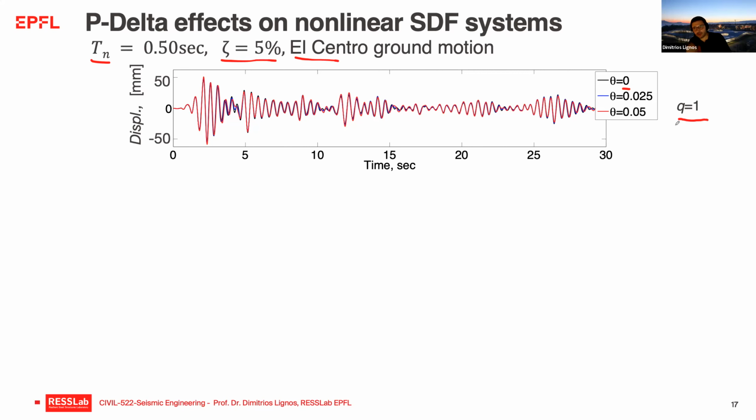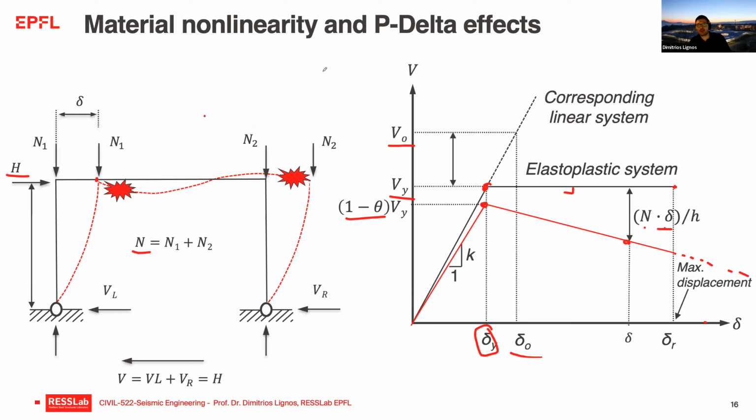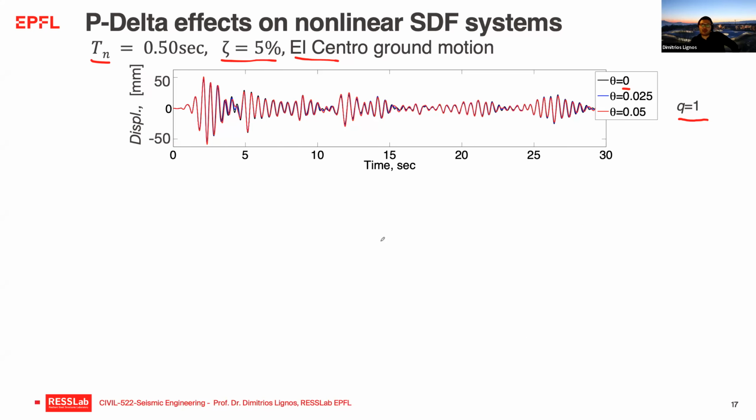So Q equals 1 here essentially means that if I go back to this figure, my V0 and Vy are basically equal to 1. So basically, I assume that I am not reducing at all the strength of my system in the seismic design condition. So essentially, I have an elastic structure.